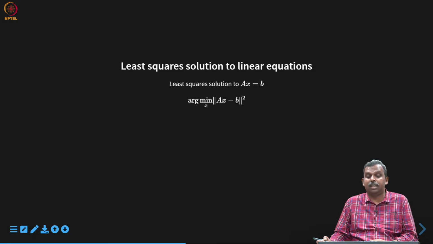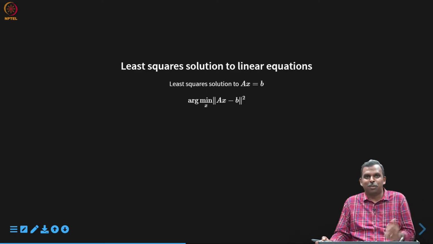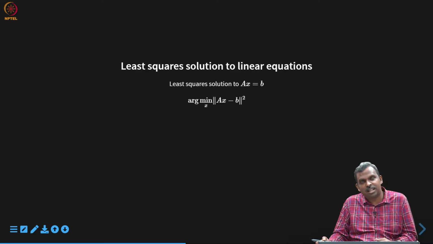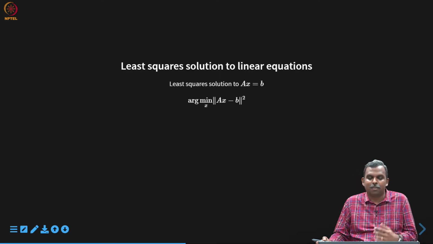That x which minimizes the norm of Ax minus b is your least square solution. Now the advantage of this is you don't have to bother whether b is in the range of A or not. If b is in the range of A, well and good, it will give you the best solution for the minimizer. If b is not in the range of A, I can still get something with the least square solution, so I have hope of getting something. That's the nice thing about this least square solution.